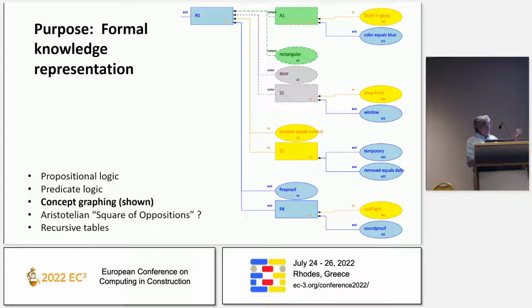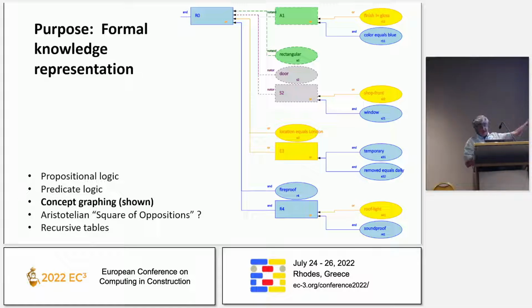So instead, I'm showing you a concept graph. Concept graphs originally were black and white, and they only had solid lines and so on, but it's emerged that actually you need to have logical operators to join the concept graph up.